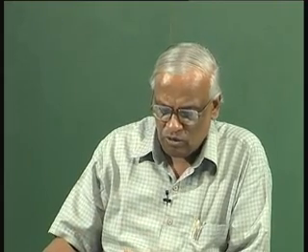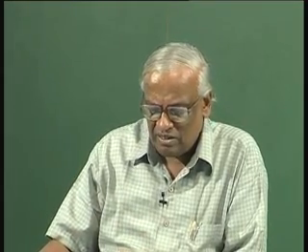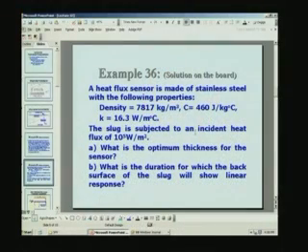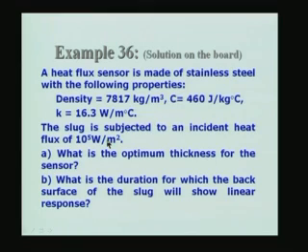So, we would like to find out what is the optimum thickness in this case when the slug is subjected to an incident heat flux of 10 to the power of 5 watts per meter square. I am just now increasing the heat flux. You can see that I have increased the heat flux to 10 to the power of 5, because the sensor is going to be useful for measuring very high heat fluxes, and I want to find out what is the optimum thickness of the sensor and also what is the duration for which the back surface of the slug shows a linear response.